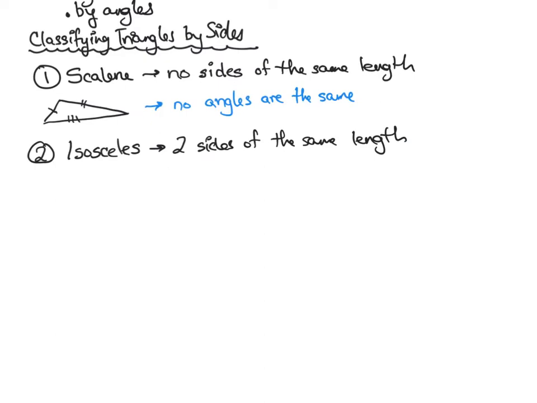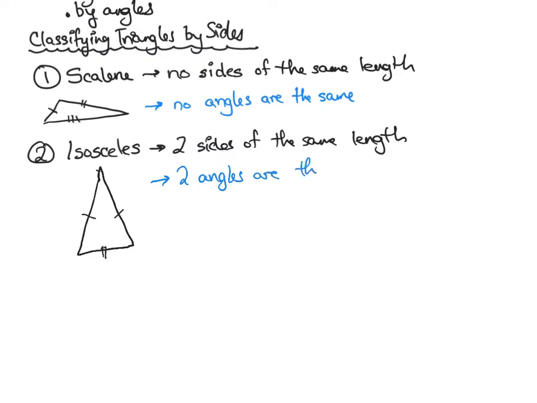So an isosceles triangle would look like this, with these two sides the same length, and this one of a separate length.